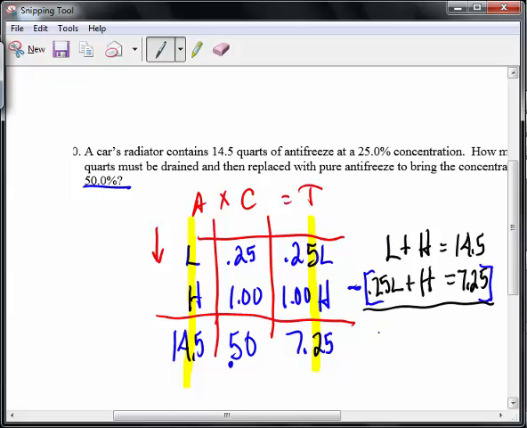Let's solve this by subtracting the second equation from the first one. Okay, so low minus 0.25 low is 0.75 low. High minus high, that just crosses off. 14.5 minus 7.25 is 7.25.